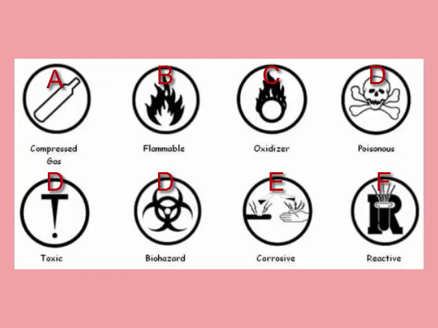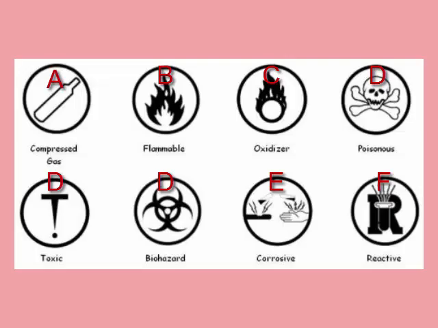All 3 of those things are class D. So there's 6 classes in total: A, B, C, D, E, F. Compressed gases, flammable and combustible materials, oxidizing materials. There's immediate and serious effects, toxic effects, biohazardous materials, and then finally the last 2 classes are corrosive materials and dangerously reactive materials.